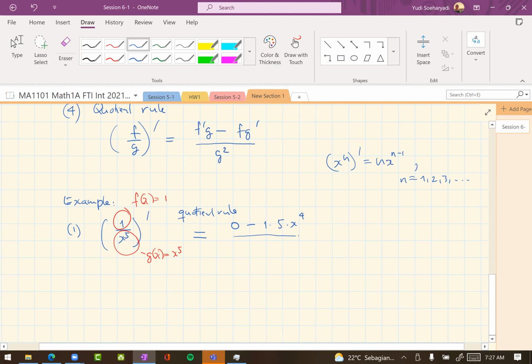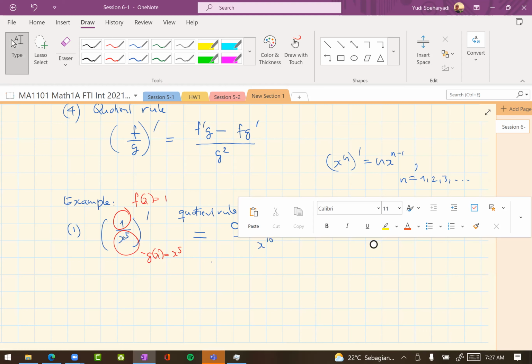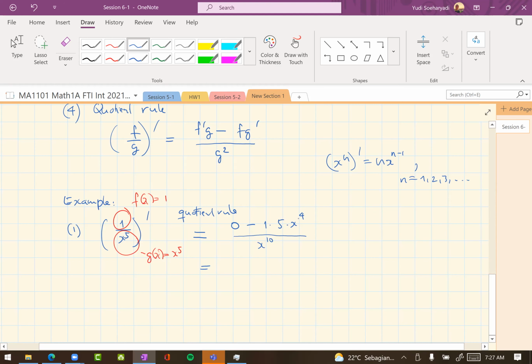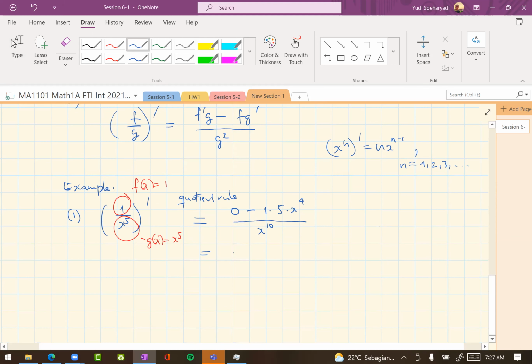Square of power 5, so this is power 10. So what we have is minus 5 times x to the negative 6.